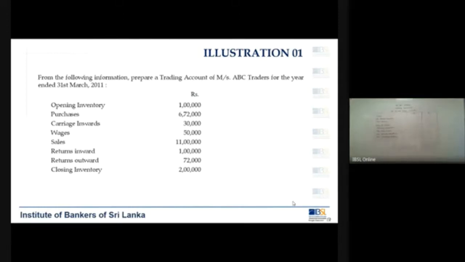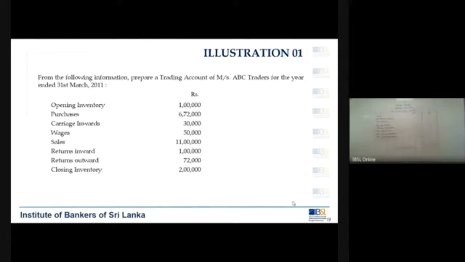Say for example, in this particular question, wages relates to the expenses incurred by the business for people who are carrying in goods, or maybe downloading goods which are coming into the business and stocking the goods that are going out of the business.